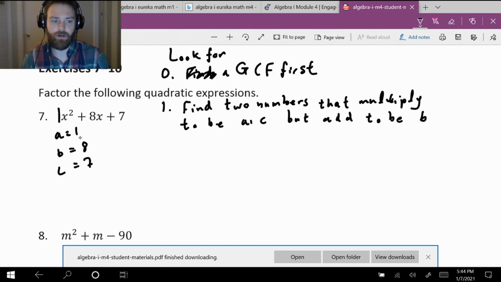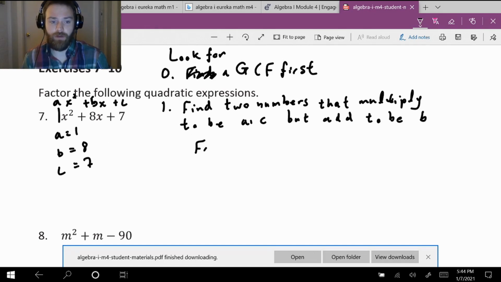Whenever you're looking at the a, the b, and the c, I'm talking about a quadratic of the form ax squared plus bx plus c, okay? And the a, the b, and the c are just the coefficients and the constant term. So b is not 8x, it is just 8. c is 7. A is just 1, not 1x squared. So the variables will never carry in this step. So a times c in this case is 7.